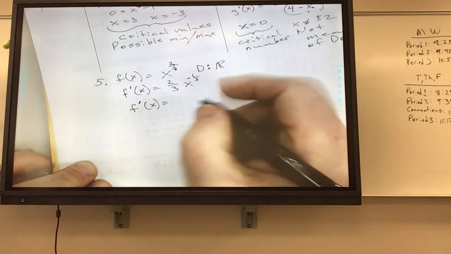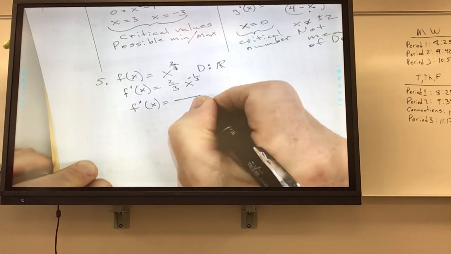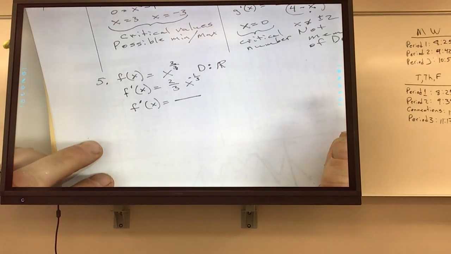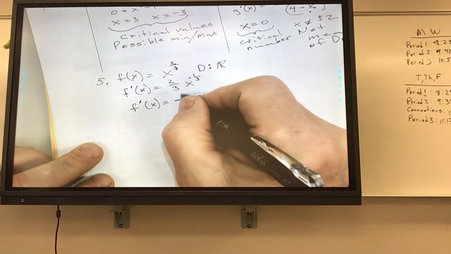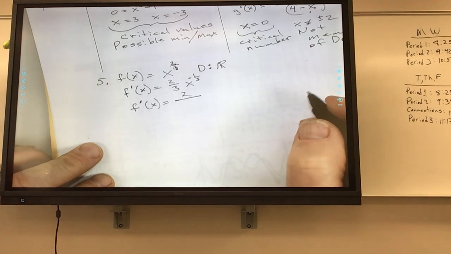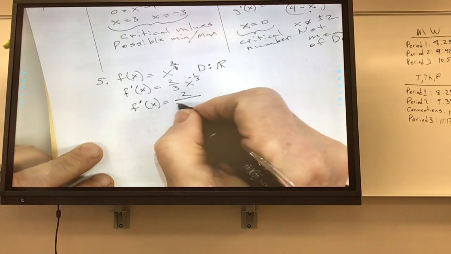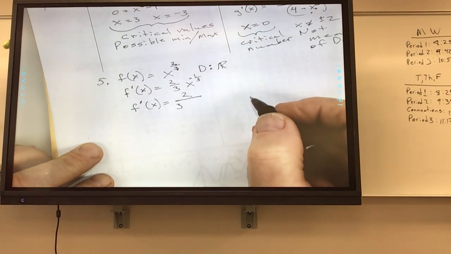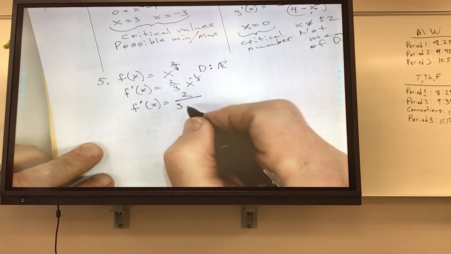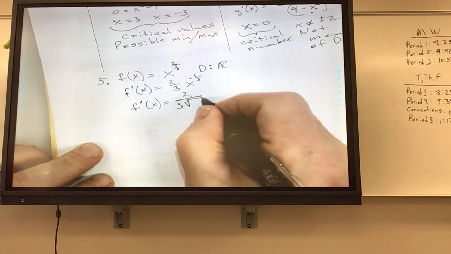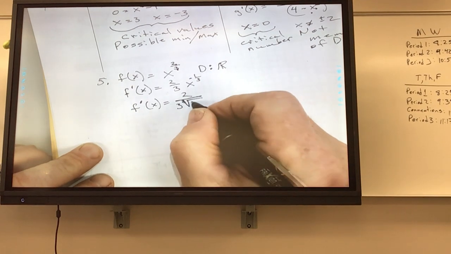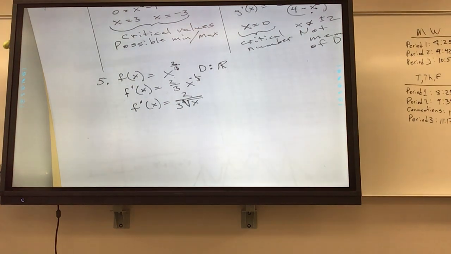Yeah. So I gotta draw that bar, right? Is there anything on top? 2. Is there anything on the bottom? 3. Anything else? The cube root of x. Perfect. Would everybody agree with that?